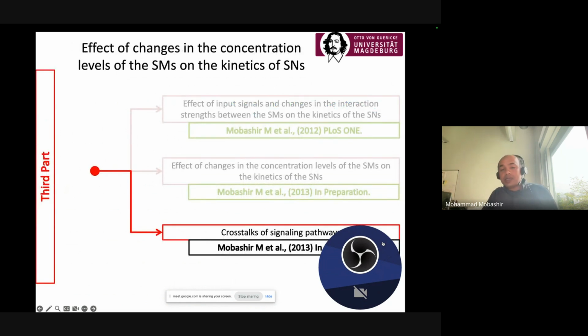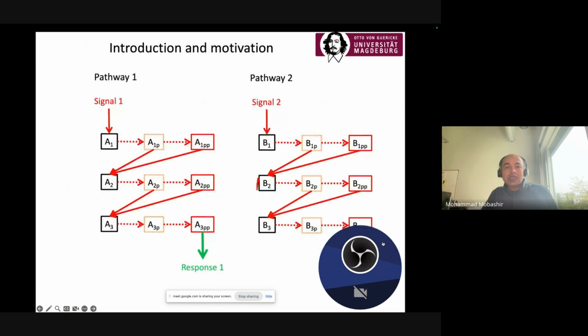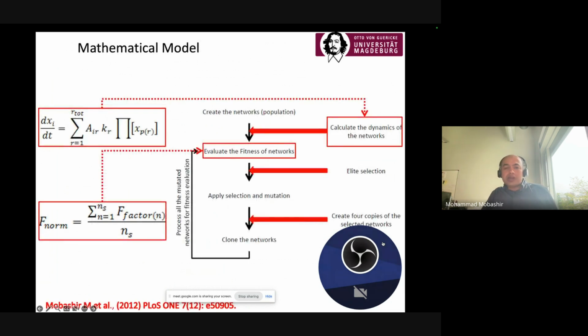Now, the third part is to investigate the crosstalks between the signaling pathways. What we have done here is establish two pathways in parallel, and then establish a link between the two pathways, and the link could be activatory or inhibitory.